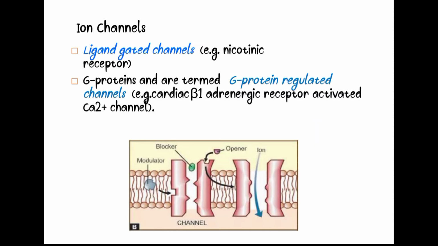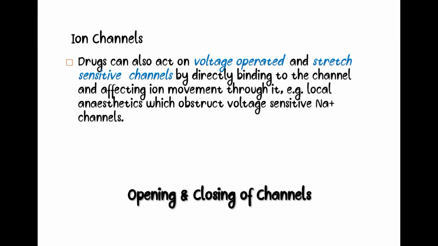Ion channels include ligand-gated channels, nicotinic receptors, and G protein-regulated channels. Cardiac beta-1 adrenergic receptors activate the Ca2+ channel, which you can see in the picture on this slide.